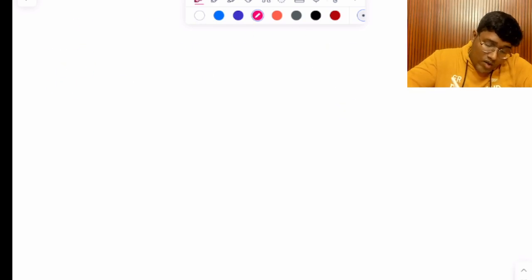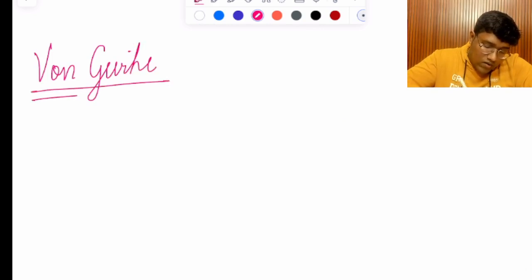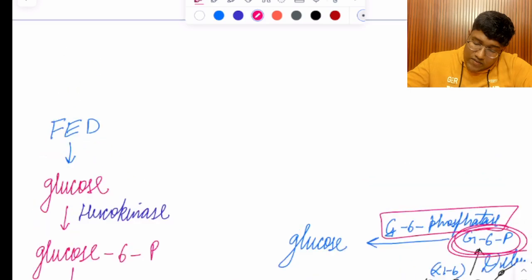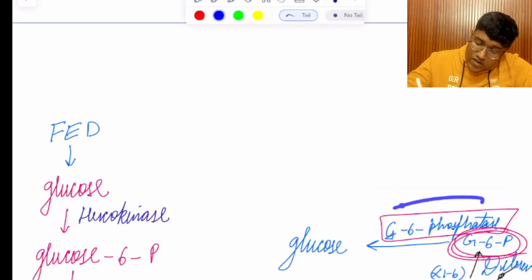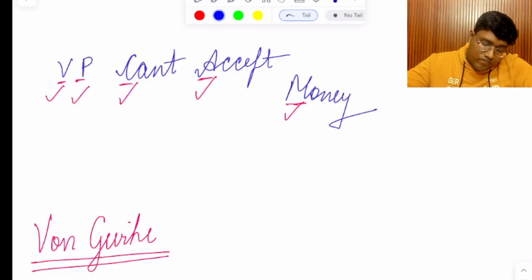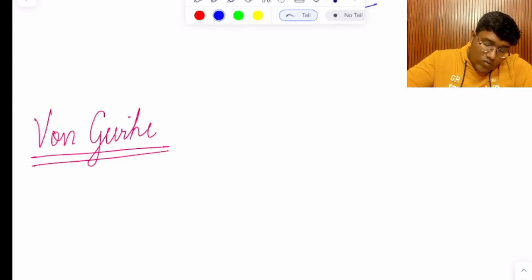So first, talking about von Gierke disease. Where's the deficiency? The deficiency is with glucose 6 phosphatase. So glucose 6 phosphate cannot become glucose.